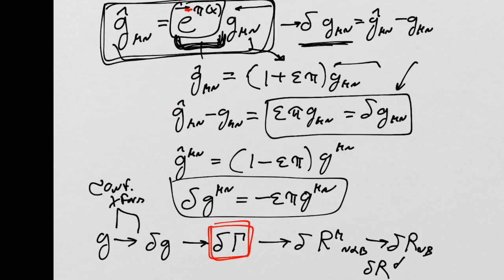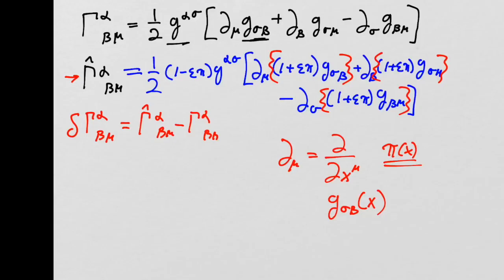That goes back to where I said it's a function on spacetime. And so this could be written a different way. Instead of writing partial mu g sigma beta, I could have written g sigma beta, single line, mu.